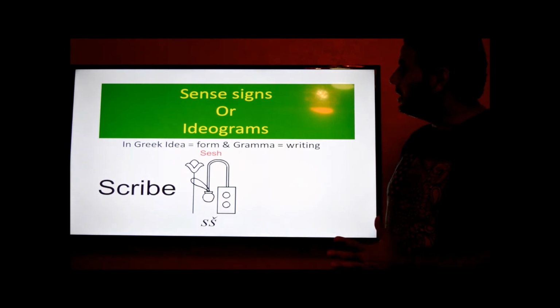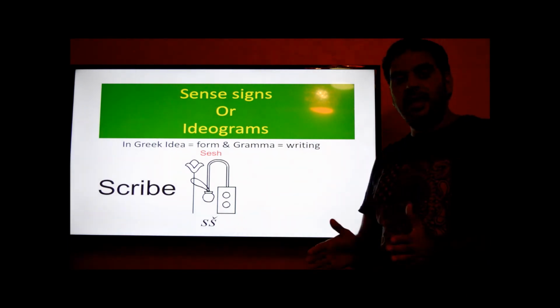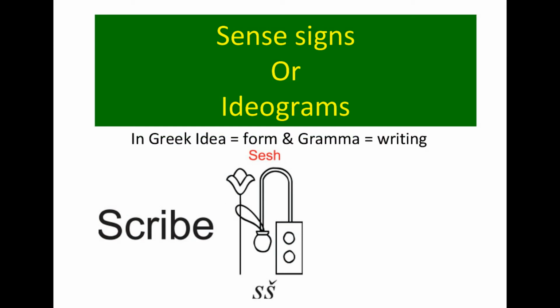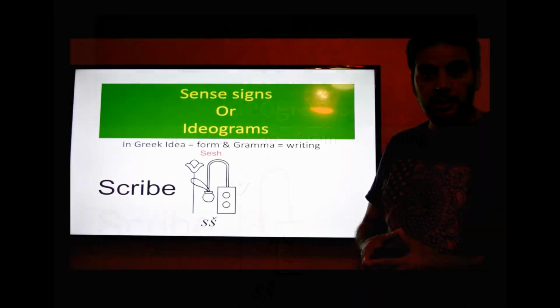When we talk about the symbols, we must understand that we have two types of symbols. Symbols that represent sense, or what we call ideograms, like this. If we can call it a word by itself, there is no alphabet next to it.